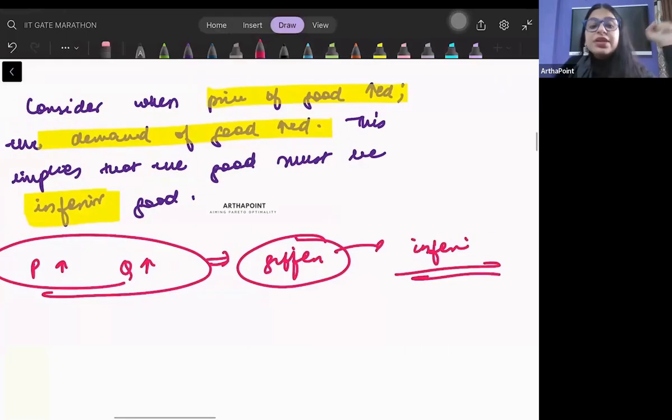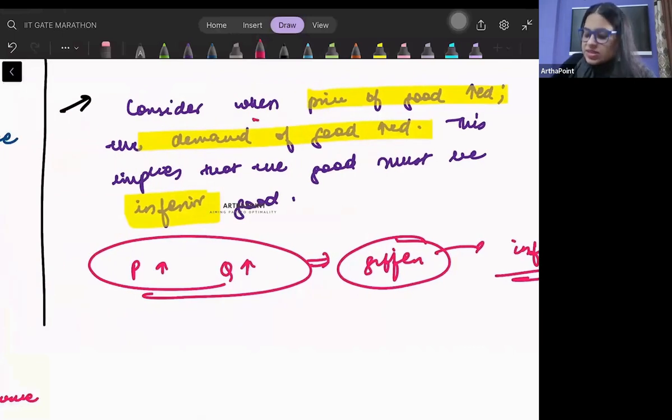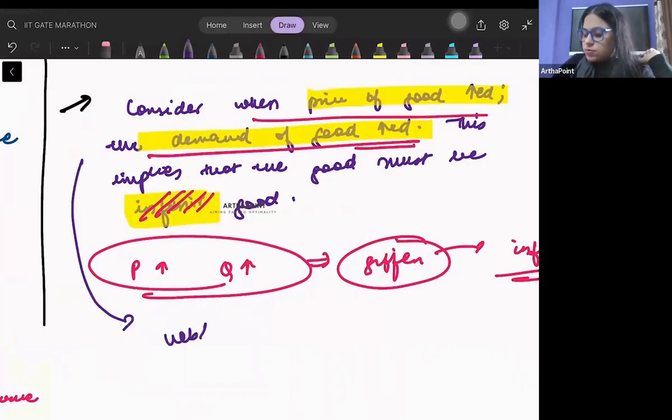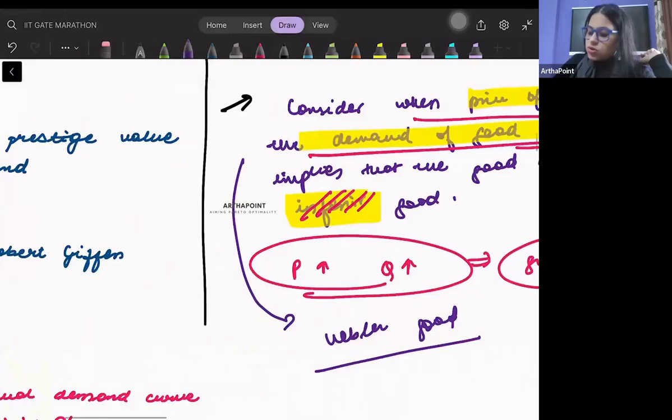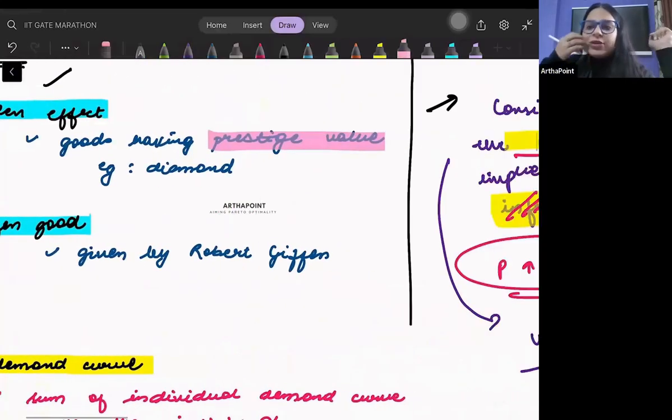Well, it is very important to remember that the law of demand is violated for other goods also. So it is not necessary that it was a Giffen good. It may be the case that it was a Veblen good. Veblen goods are those goods where you have a prestige value attached to them.